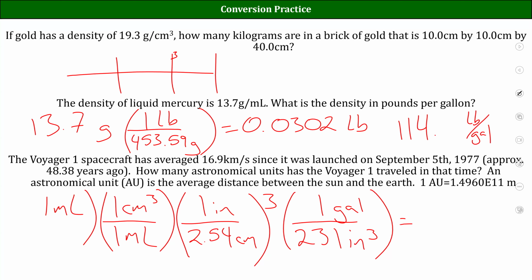And our number down here is probably when you're cubing that 2.54. So 1 times 1 divided by 1, that one doesn't do anything. So I'm typing this in as 1 over 2.54 caret 3, then I'm going to take that number, divide by 231, and I get 2.64 times 10 to the minus 4.